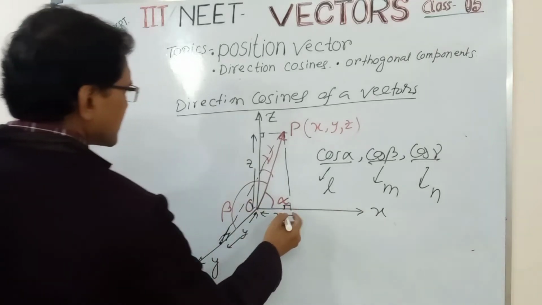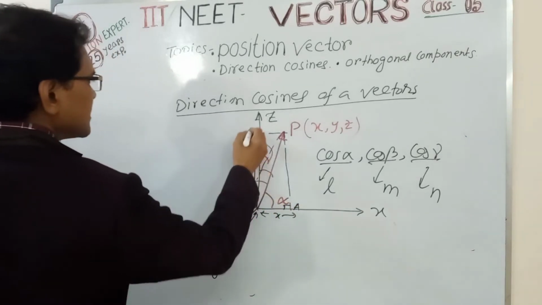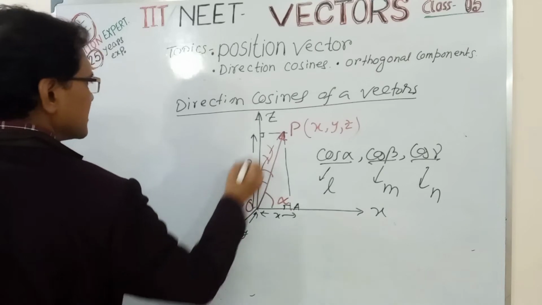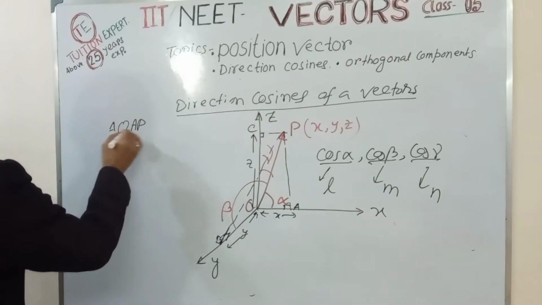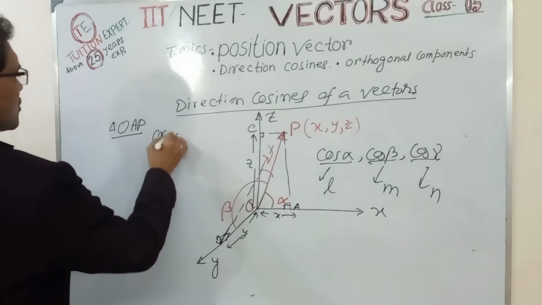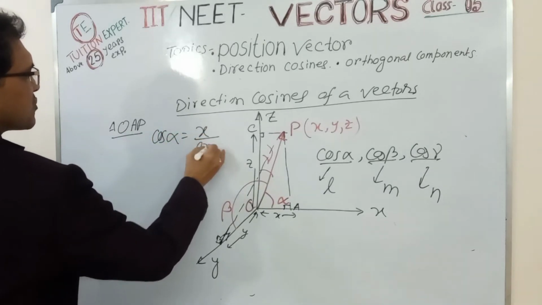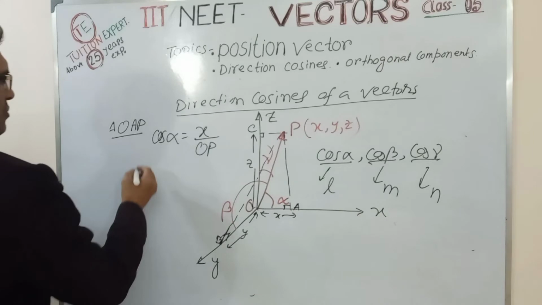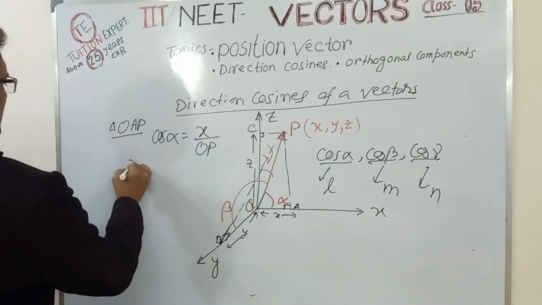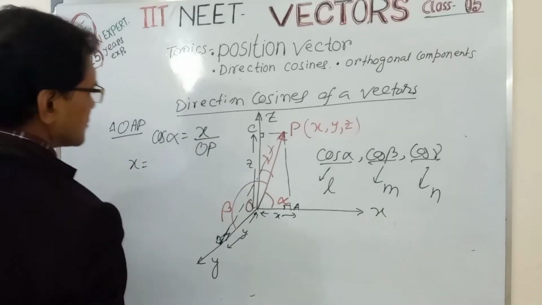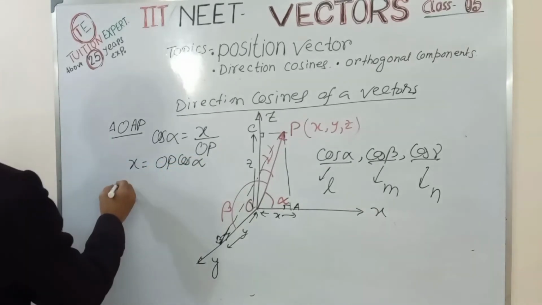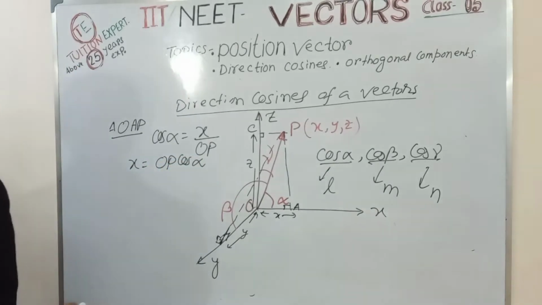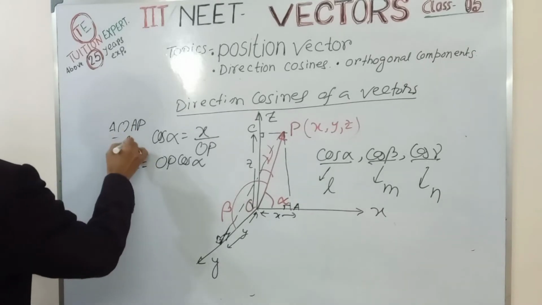Now from the triangle, suppose this is the vector, this is point A, this is B, this is C. From the triangle OAP, cos alpha equals base by hypotenuse OP. So x equals OP cos alpha, and cos alpha is called l.